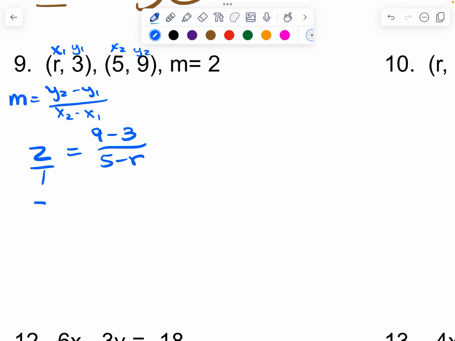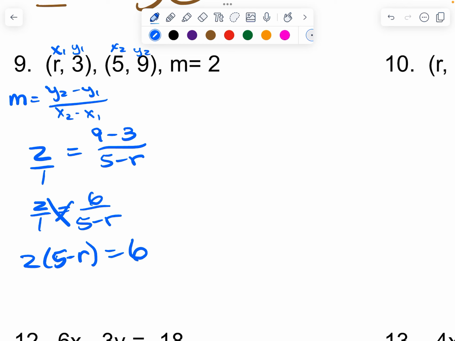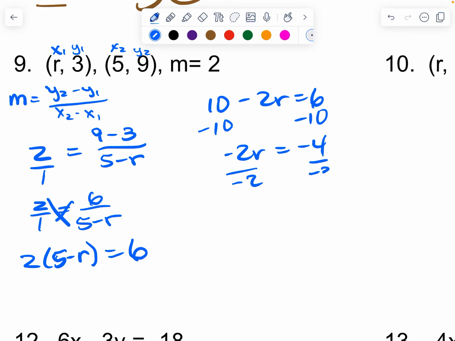So 2 over 1 equals 6 over 5 minus r. Multiply this direction, I get 2 times 5 minus r. Multiply this direction, and I get 6. So 10 minus 2r equals 6. Subtract 10 from both sides. Get negative 4. Divide by negative 2. And get r equals 2.